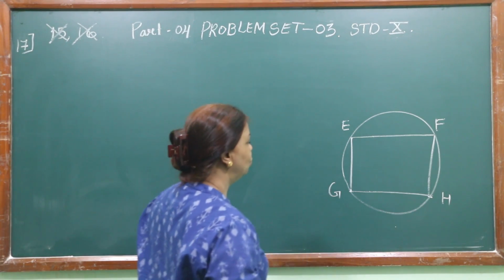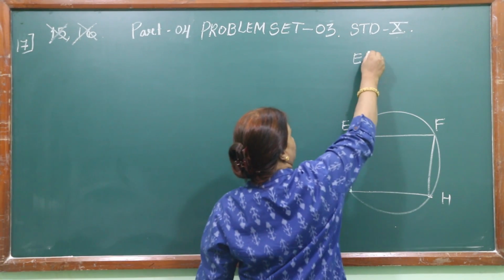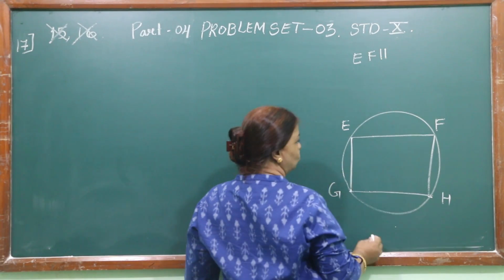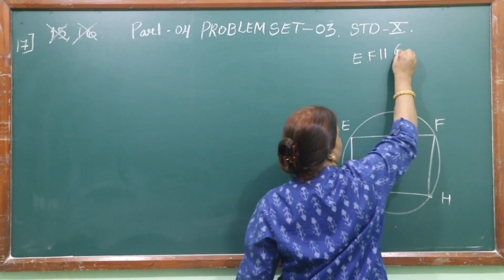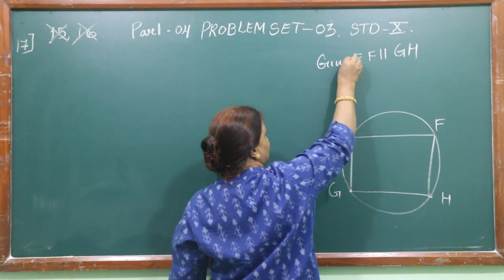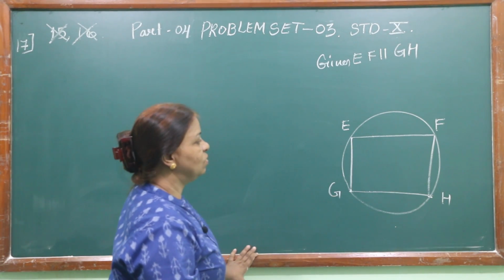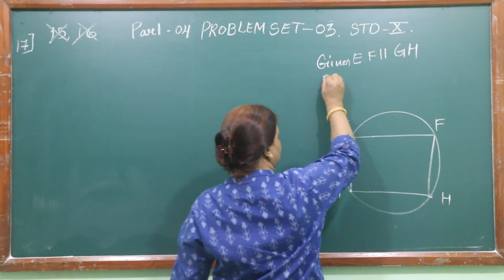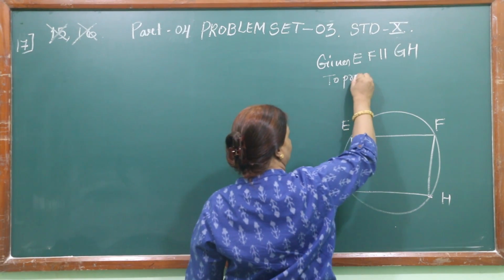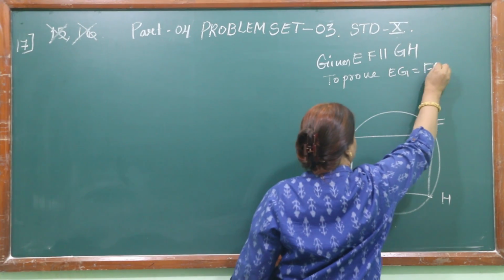We need to prove, it is given that EF is parallel to GH. This is the point which is given. And we need to prove EG is equal to FH.